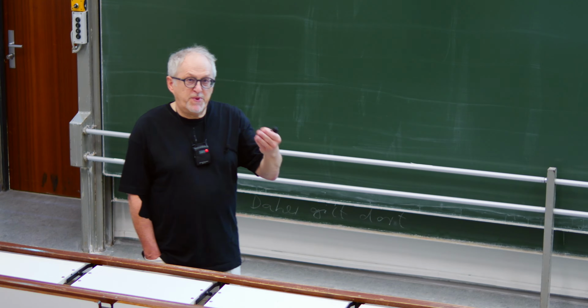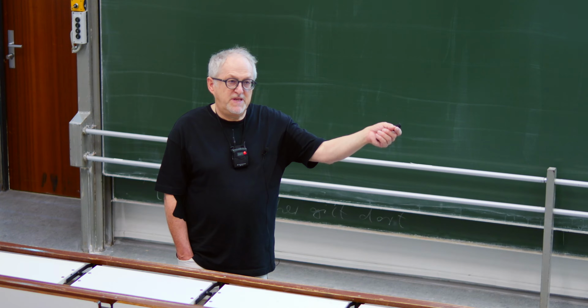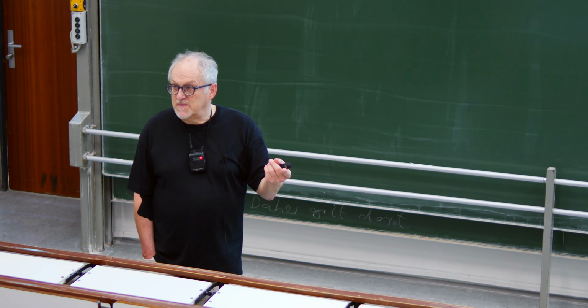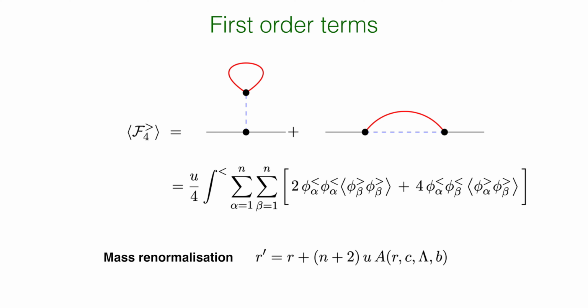Now remember, the propagator is delta alpha beta, so all these terms are the same. As I perform a sum of n identical terms, this one will give a factor of n. So the multiplicity of this diagram is n and not 1.